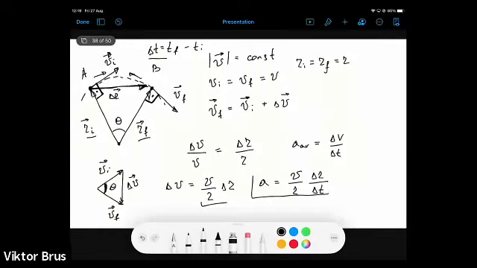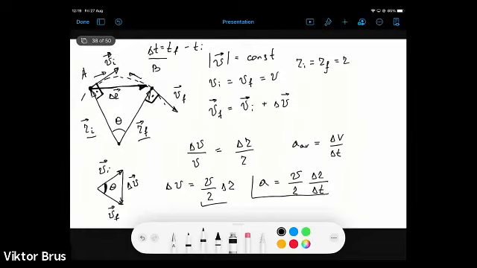If points A and B are further apart, obviously the absolute value of displacement is smaller than the path. However, if we push A and B close together, this absolute value of displacement approaches the length of the path.